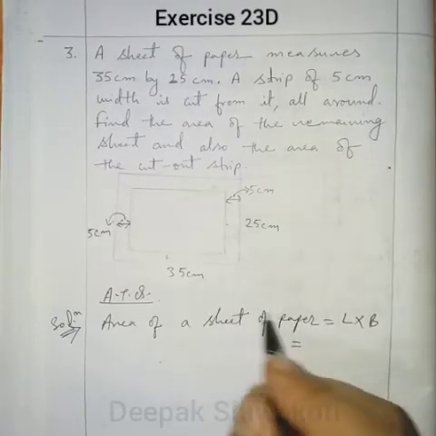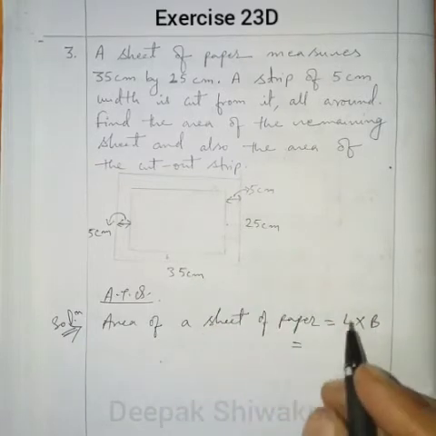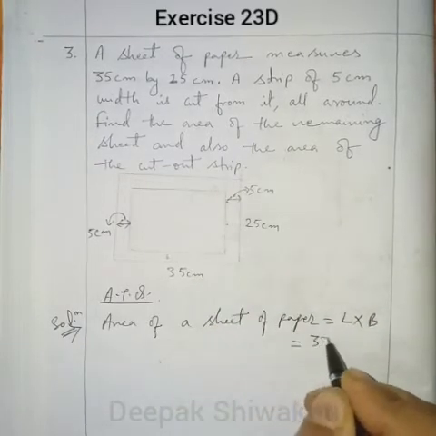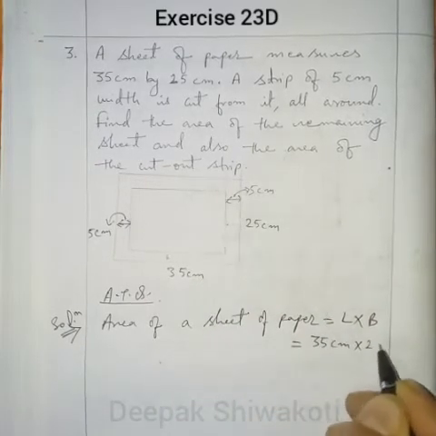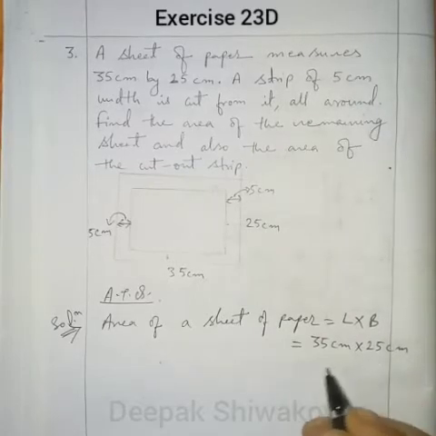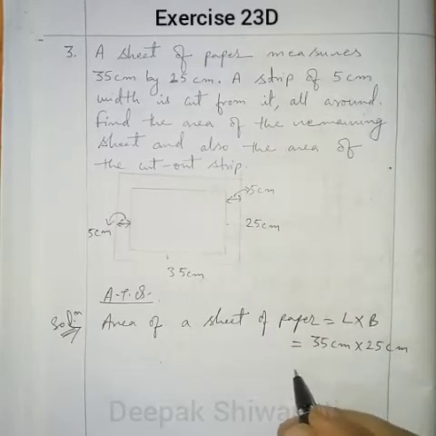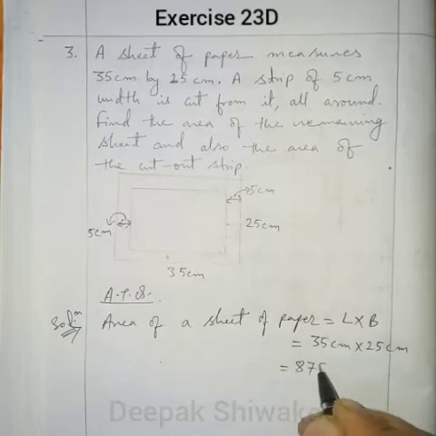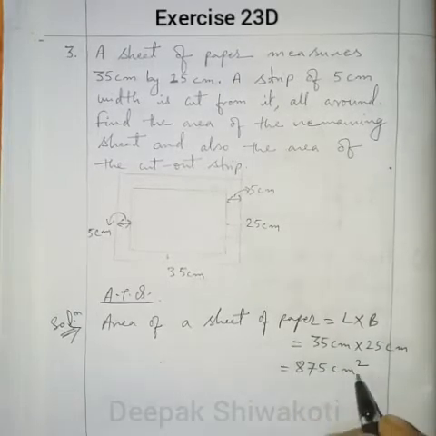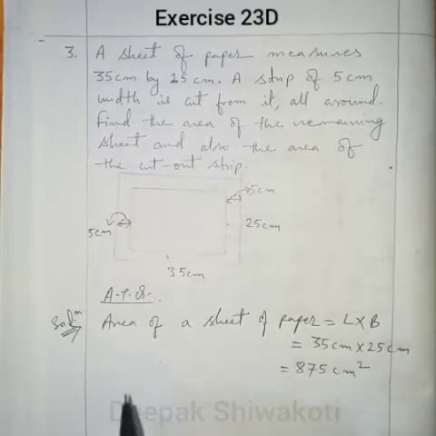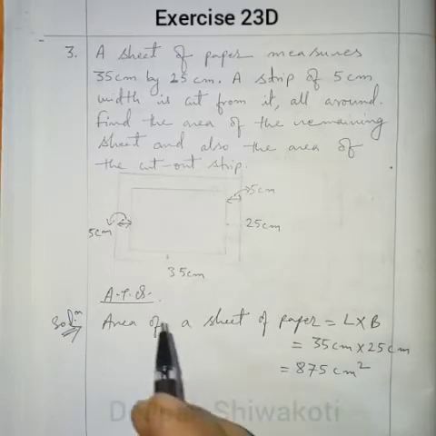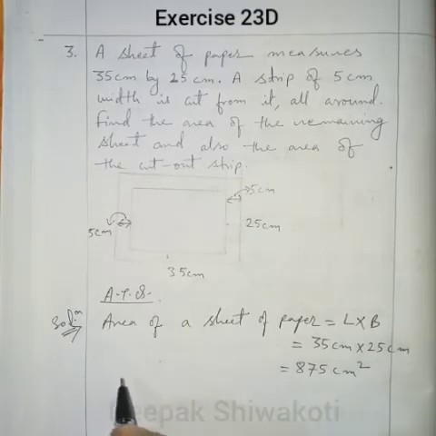Length is given as 35 centimeter and breadth is 25 centimeter. 35 centimeter into 25 centimeter. When we multiply it, we get 875 centimeter square. So this is the area of the paper given. Now we have to cut a strip of 5 centimeter.